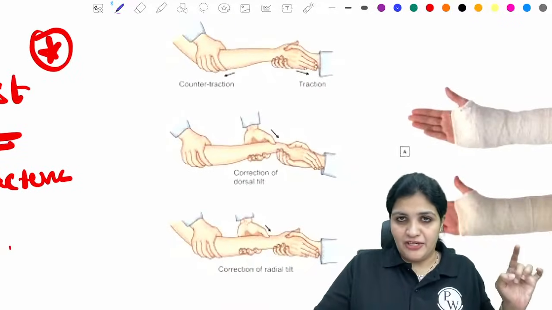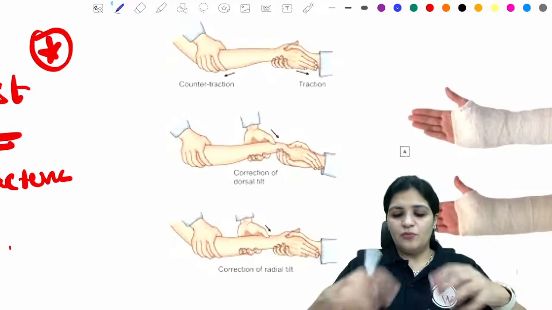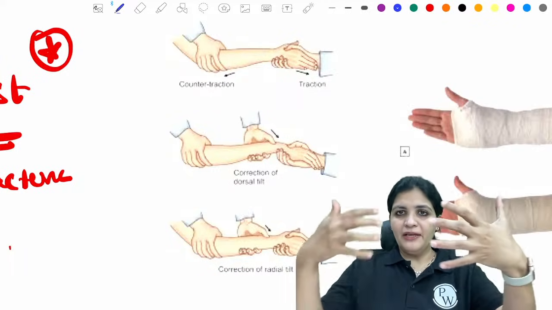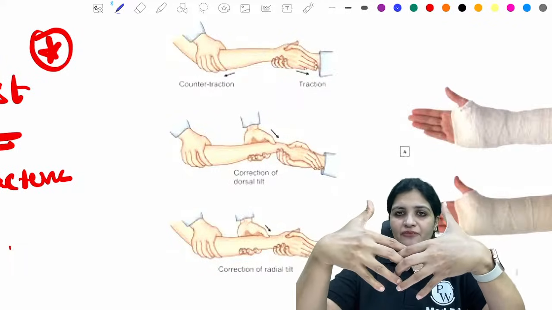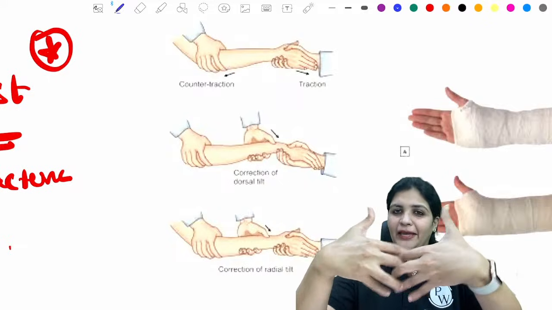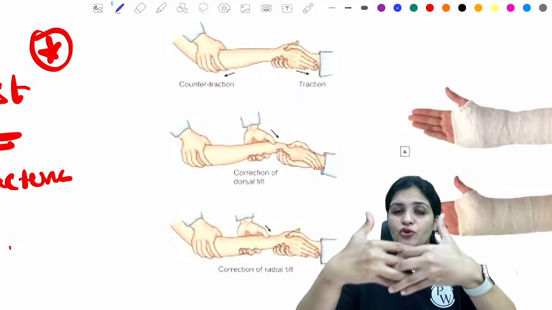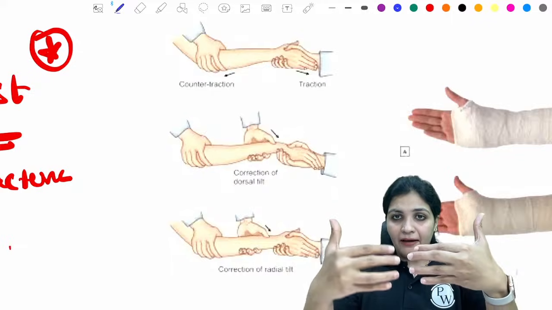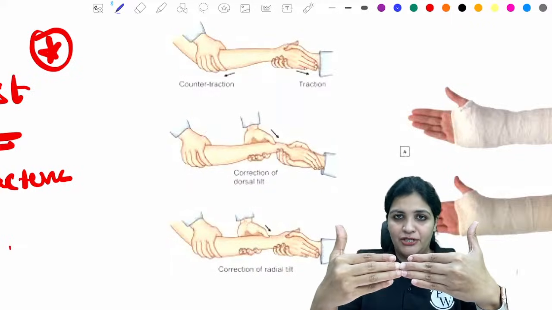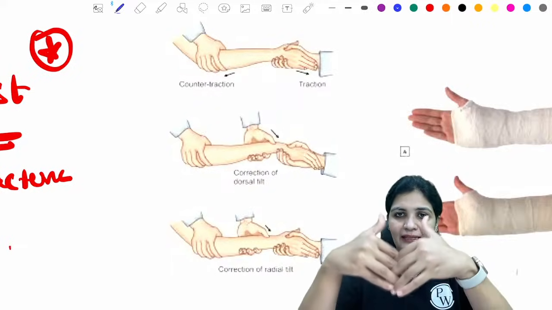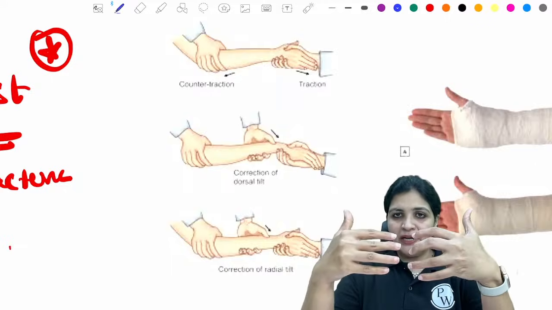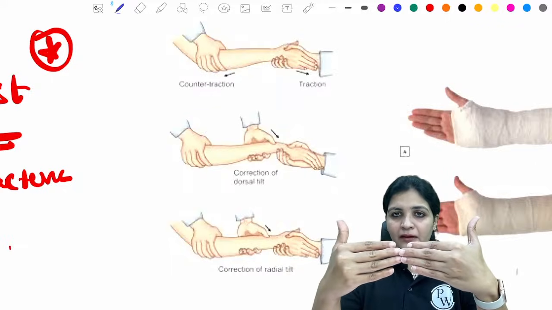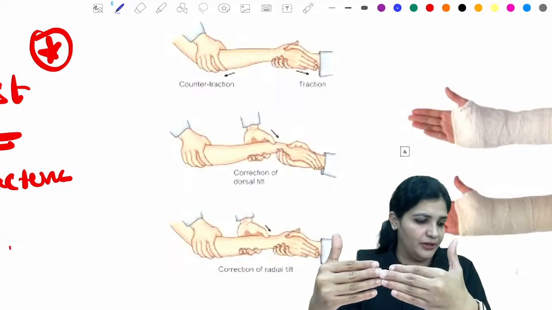In any fracture, remember, this is one fragment, this is one fragment. Always the fracture fragments get locked like this. In any mechanism, it gets locked. So you should always disengage the fragments, correct that, and then engage it. This is called the reduction. So always disengagement, correct the position, and then reduce it accurately, right?